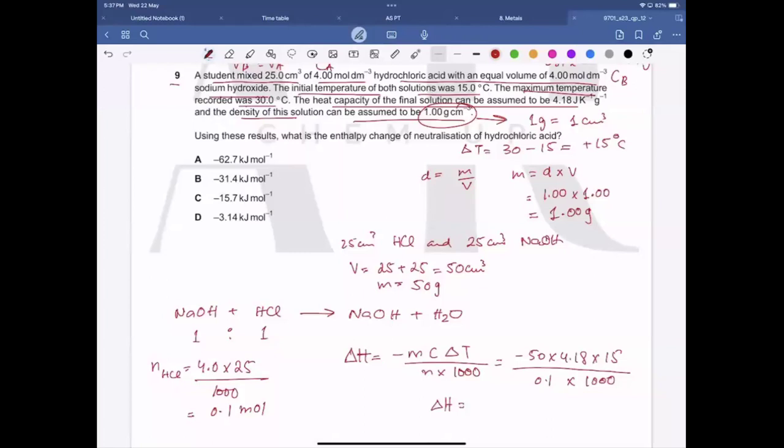Can anyone confirm what value of delta H we are getting? Yes, can anyone tell me the value of delta H?